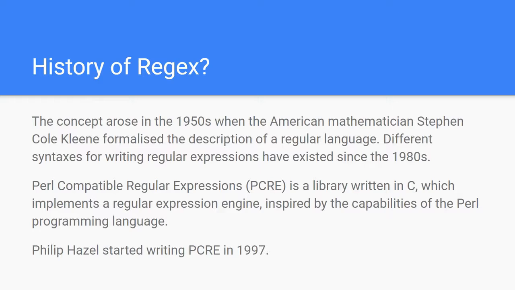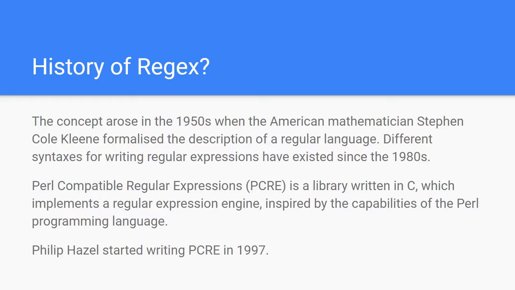You might think that programming is fairly new, and how long ago was regex? It originally was defined in the 1950s by Stephen Cole Kleene. And Stephen basically said, we need to try and figure out a way of searching for patterns, searching for regular expressions.